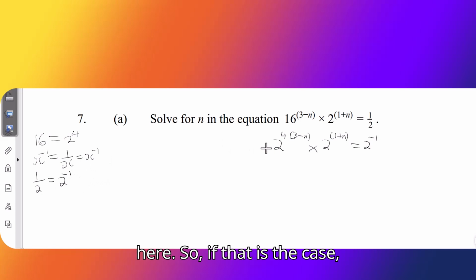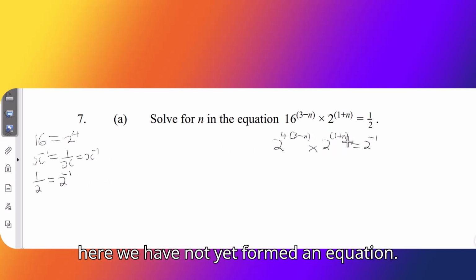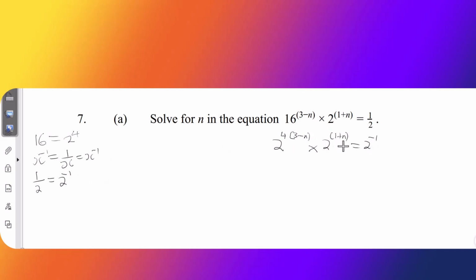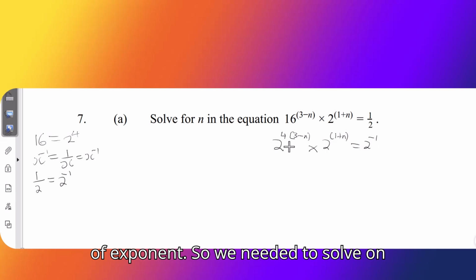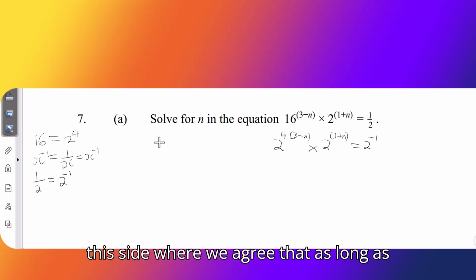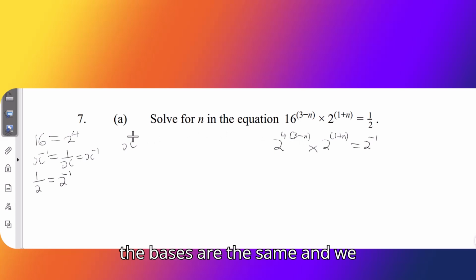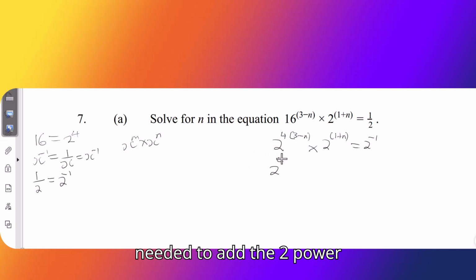So here we have not yet formed an equation of exponent. So we need to solve on this side, where we agree that as long as the bases are the same and we are multiplying, we add the exponents. So here we need to add 2 power 4 times (3 minus n), plus (1 plus n).